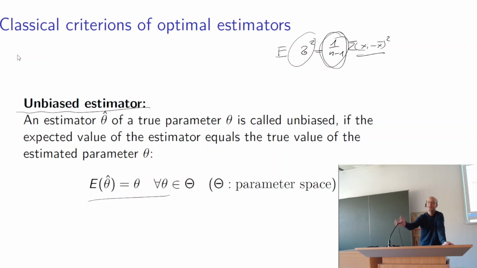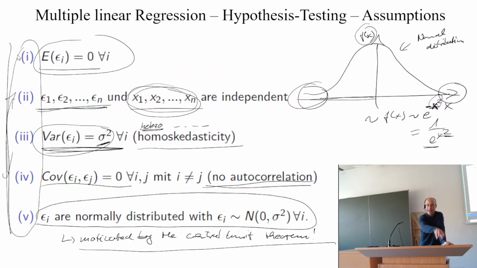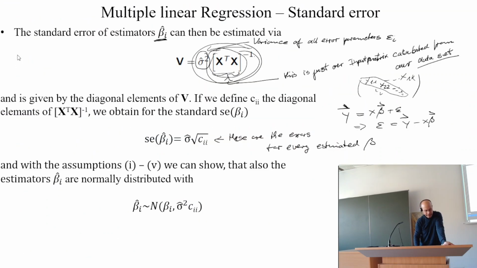But for this, of course, I have to know how my betas are distributed. And from these 5 assumptions, I can show that also my estimators are normally distributed.